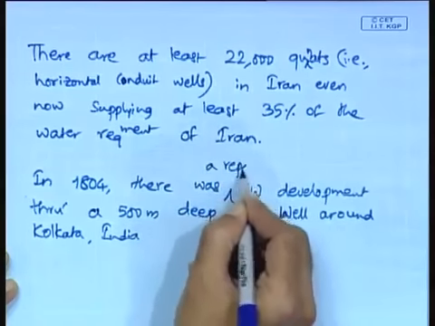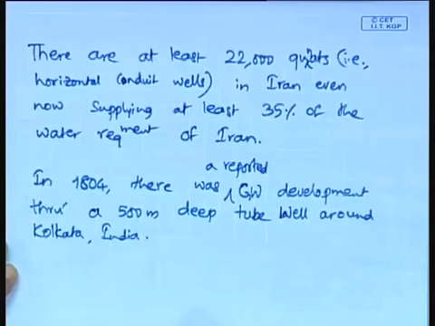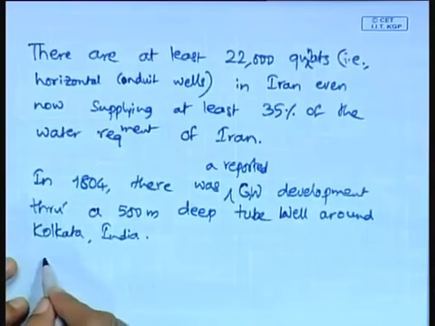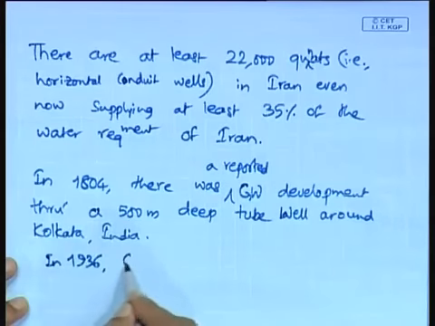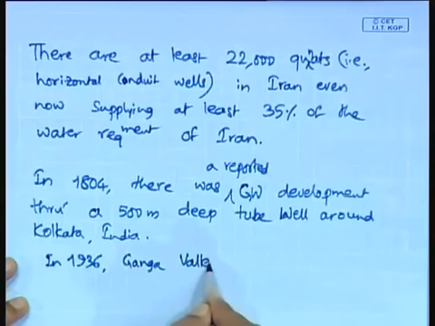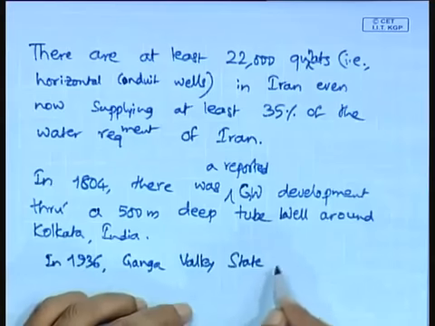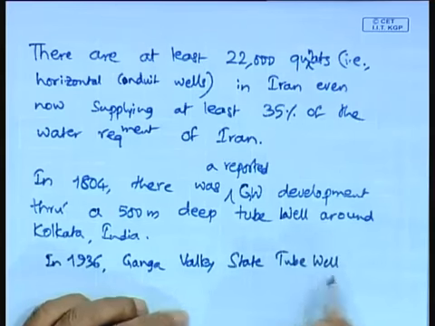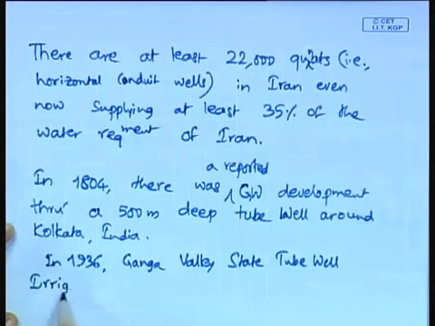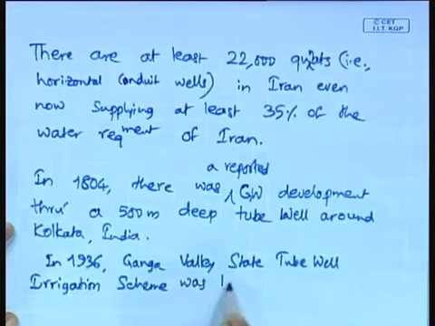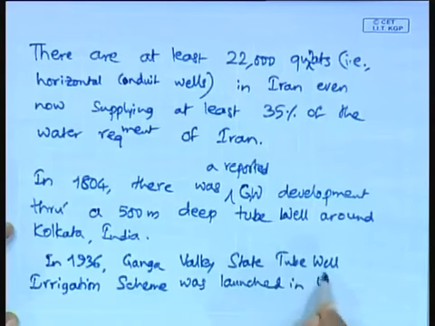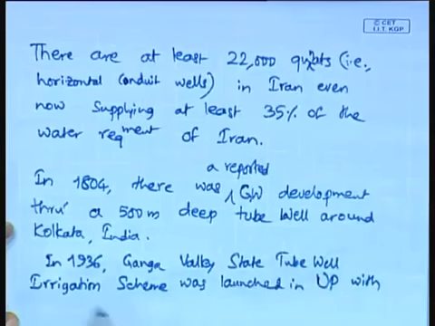So, there was a reported, okay, and so in 1936, the Ganga Valley State Tubewell Irrigation Scheme was launched in UP with 1500 deep tube wells.